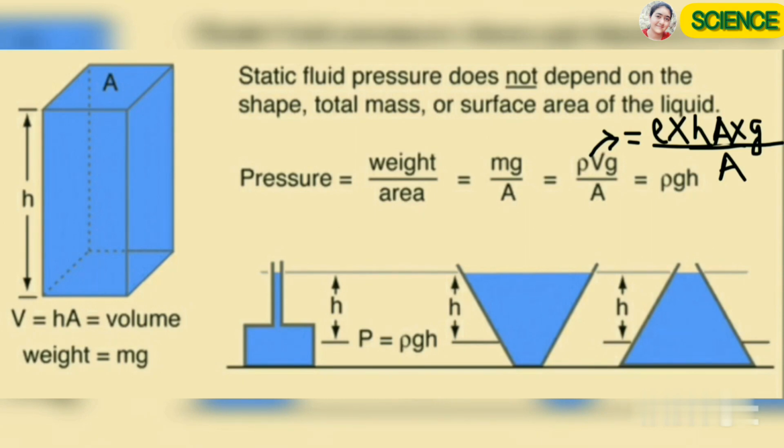So it will be rho into A into h, and here is g also. So we have rho into A into h into g divided by A. Now A cancels. Now we have rho g h.